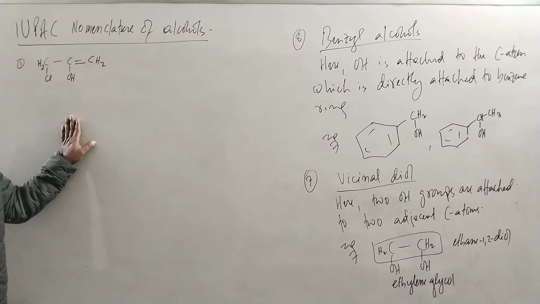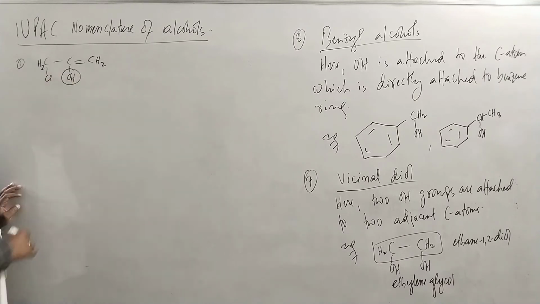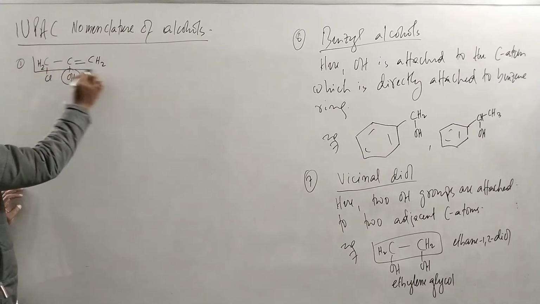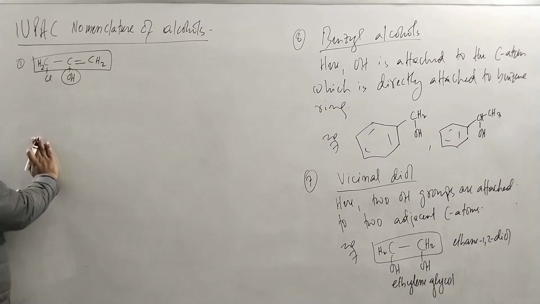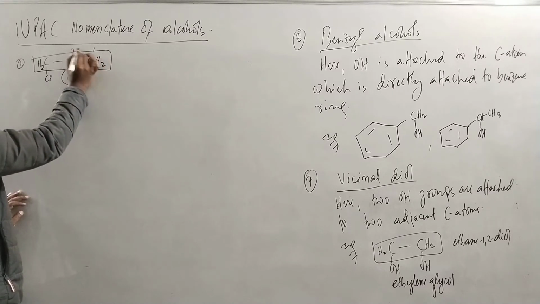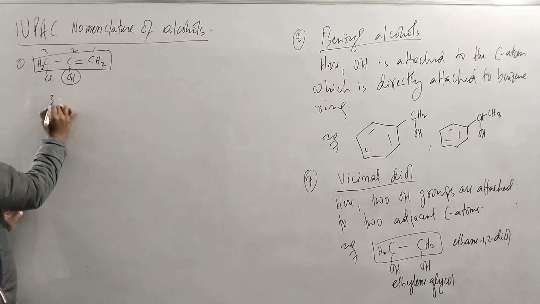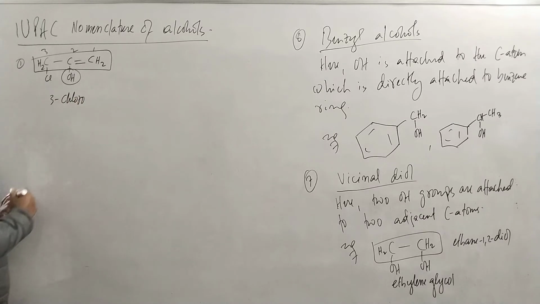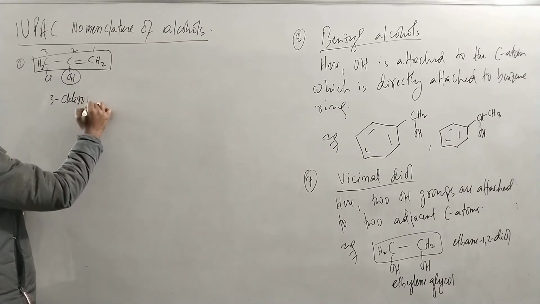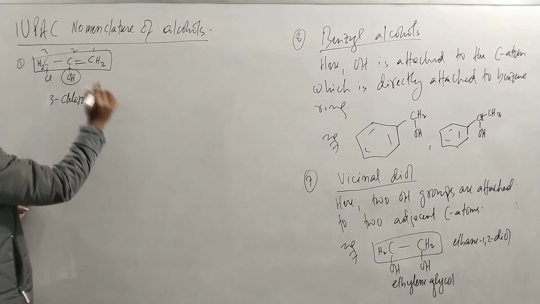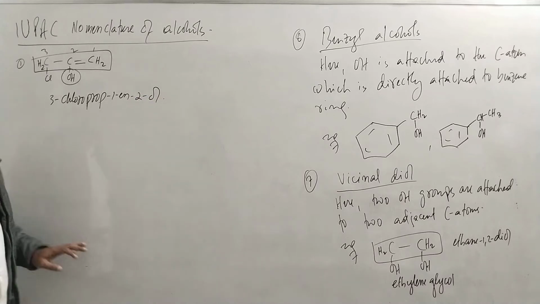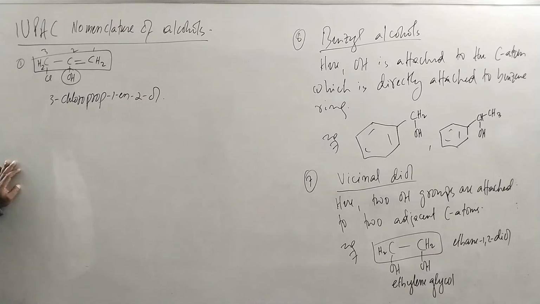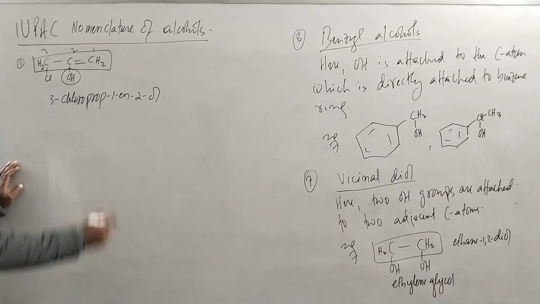Principal functional group is OH. OH is the principal functional group. This is our chain. Numbering must be started from left or right? Right. 1, 2, 3. So 3-chloroprop-1-yn-2-ol. This is the IUPAC name. 3-chloroprop-1-yn-2-ol.